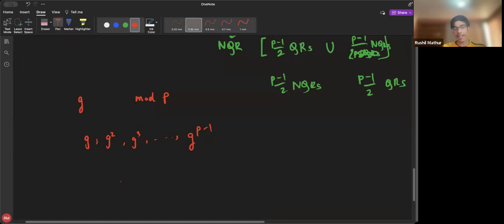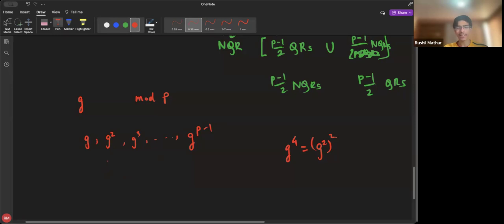And it turns out that the QRs are exactly the ones where the exponents are even, which makes sense because if the exponent is even, say g to the 4, then this is definitely g squared, the whole squared. But because that already covers (p minus 1)/2 different QRs, everything else must be an NQR.